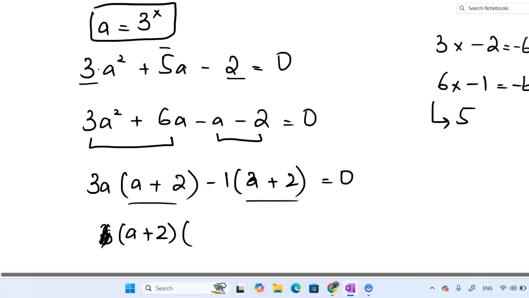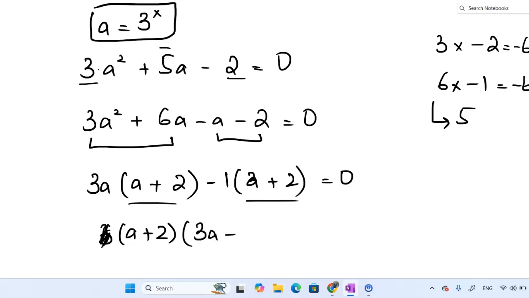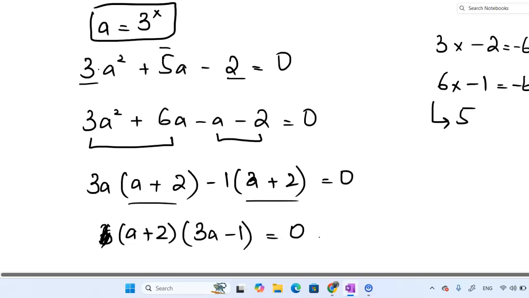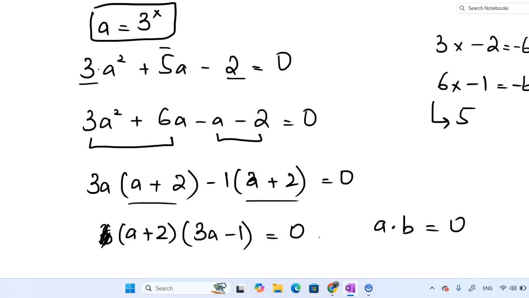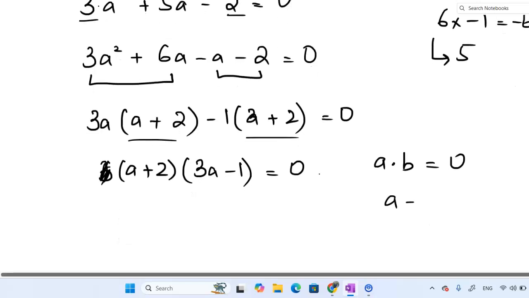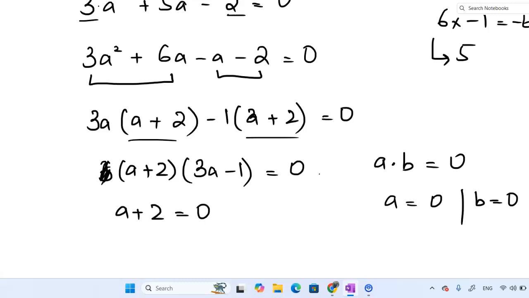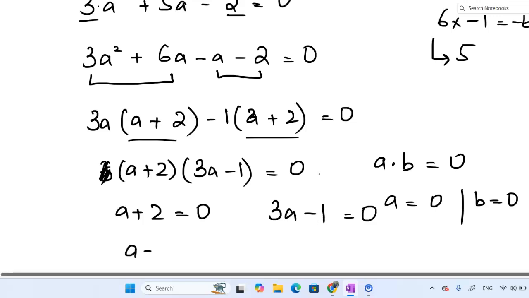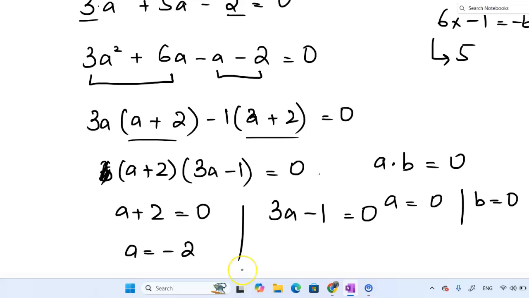So I'll take a plus 2 as common and I'm left with 3a minus 1 is equal to 0. Now you must be familiar with this property: if the product of two numbers is 0, then either one is 0 or the other is 0. So I'll utilize a similar approach here. So this becomes a plus 2 is equal to 0 and 3a minus 1 is equal to 0. So we have a equal to negative 2 from here and a equal to 1 over 3.